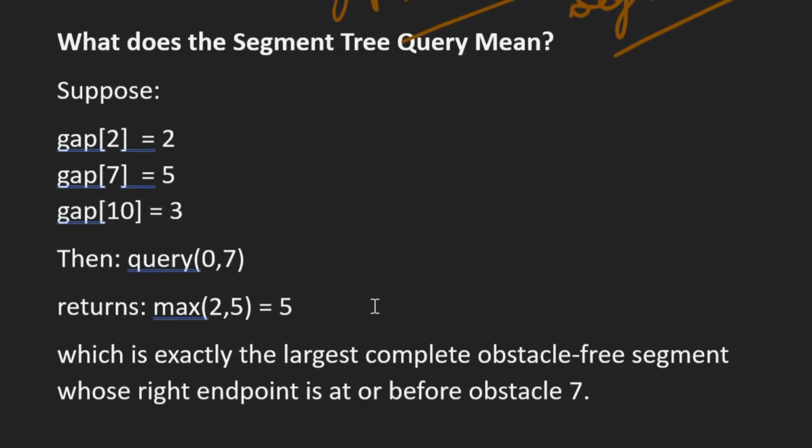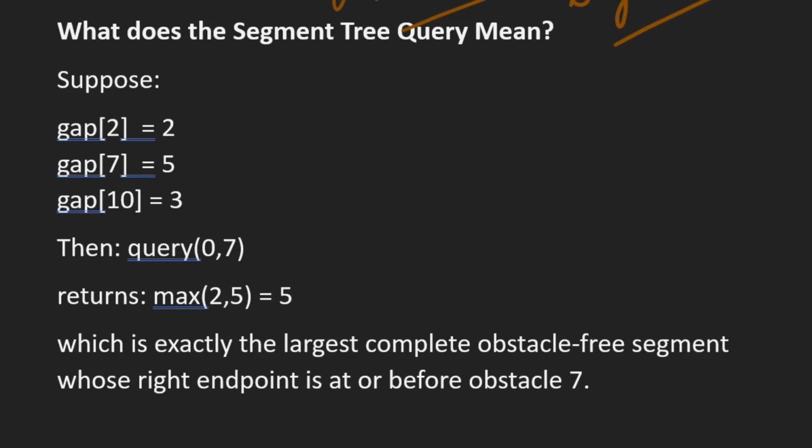So let's see what the segment tree query will do and how it will happen. We have seen at 2 we have a gap of 2, at 7 we have a gap of 5, at 10 we have a gap of 3. Now suppose we have a query 0 comma 7.